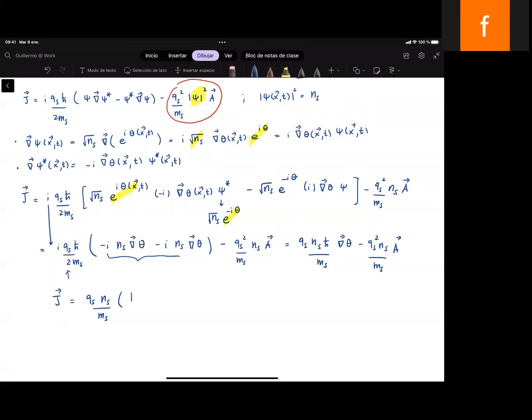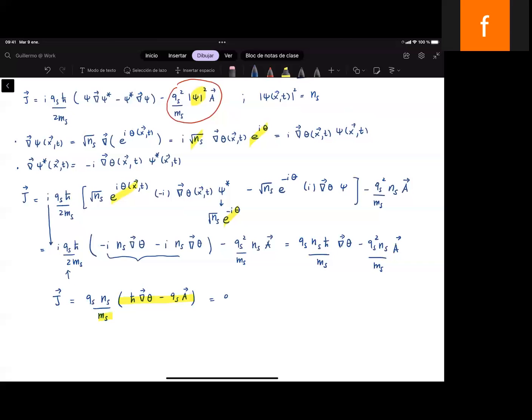Here we have h bar gradient of theta minus q_s A. This has dimensions of momentum, and here we have a mass, so this is a velocity. We can define a superfluid velocity here.